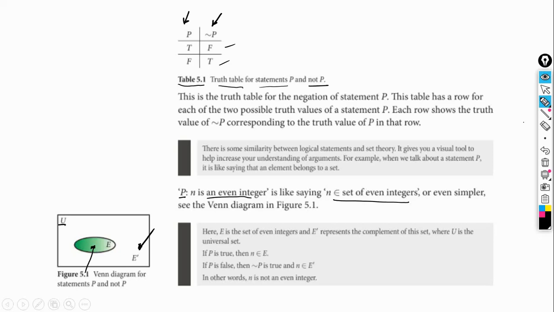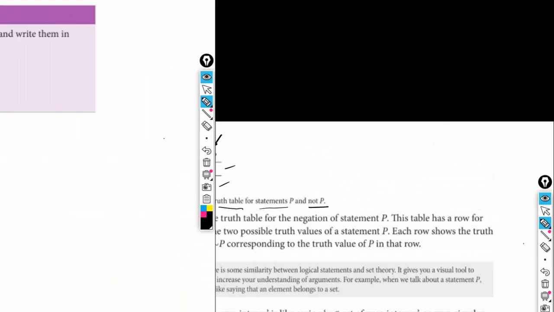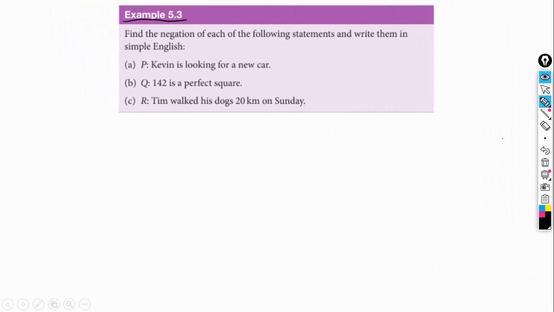And U is the universal set. So if P is true, then n belongs to set E. If P is false, then not P is true, and then n belongs to the complement of E. In other words, n is not an even integer. So now let's take a look at example 5.3, and it says, find the negation of each of the following statements and write them in simple English.